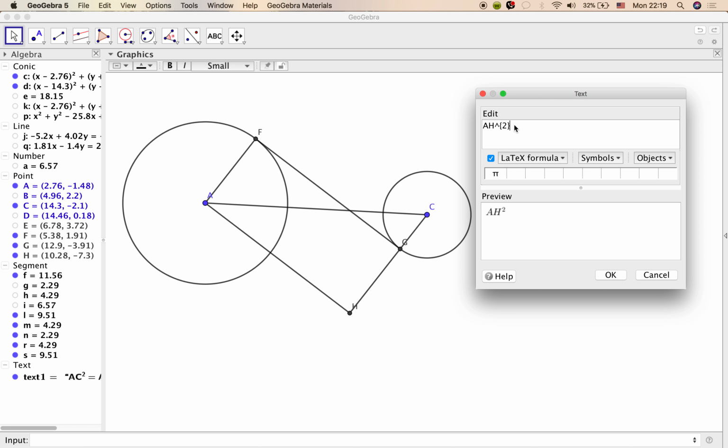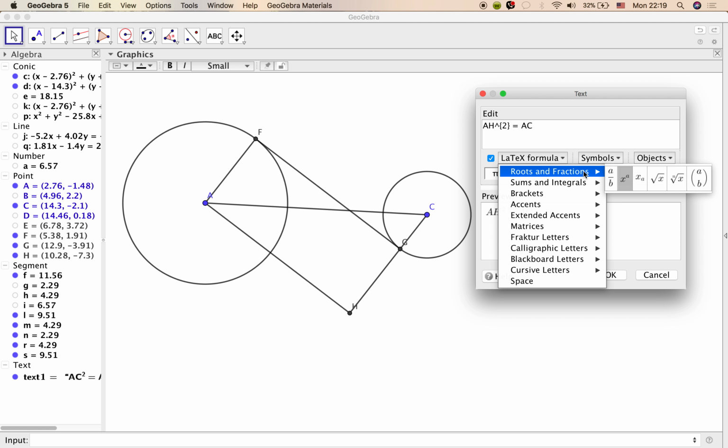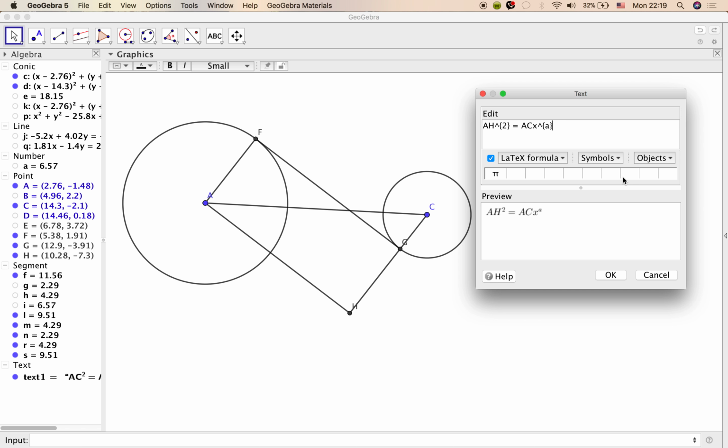We get AH squared is equal to AC squared minus HC squared.